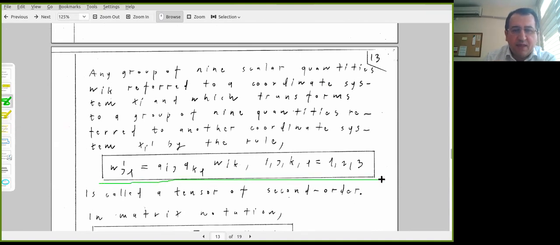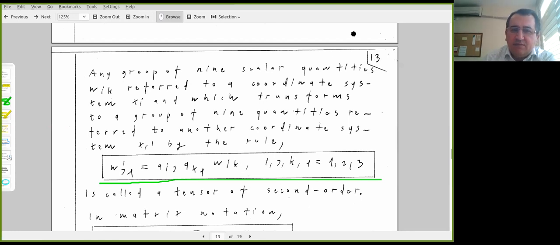Same result. In this case, the tensor is W, W jl prime equals aij akl W ik. Now there are four indices, i, j, k, l. j and l are free indices here, and i and k are dummy indices.